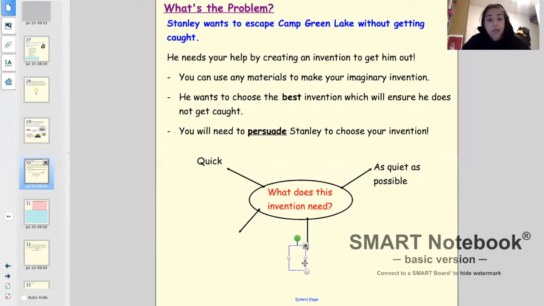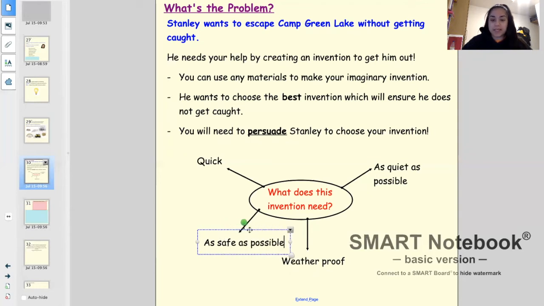He'll also need to, because he's in Camp Green Lake, there's not a lot of shelter, and there's not really anything in the near distance where he can hide. It's going to need to be weatherproof. Well, I don't know if you thought of that. And finally, if he's escaping, he's going to need to be as safe as possible when he is escaping.